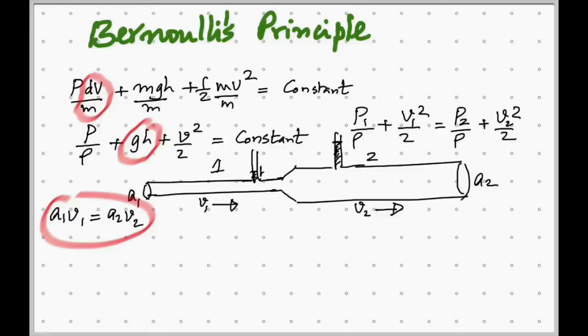So if h1 is the height here and h2 is the height here, I'm trying to tell you that the pressure difference between these two would be P2 minus P1, isn't it? Which is greater, P2 or P1? That should be (h2 minus h1) rho g is what I'm trying to say.